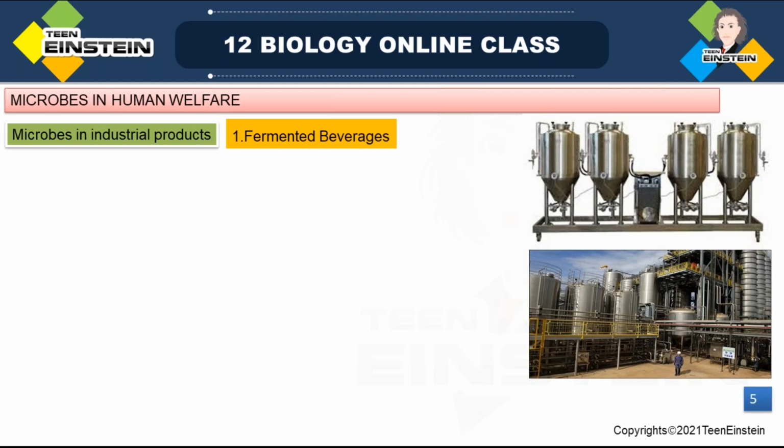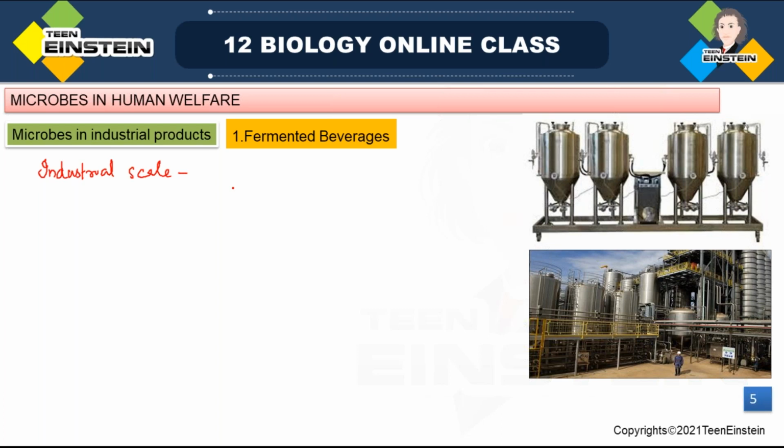So for the large scale production of such things, beverages and antibiotics, for the production on an industrial scale, what do we need?